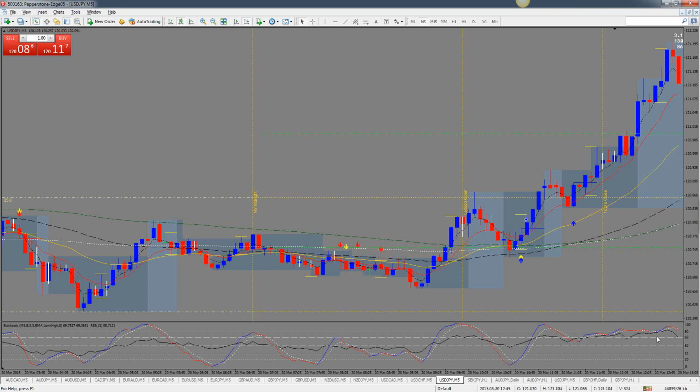As you can see here, stochastics hasn't changed. There's really been no pullback, so to say. Little wee pullbacks here. Little wee pullback here. Stochastic coming back down. Personally, if I'm taking longs, I would like to see this stochastic down here.